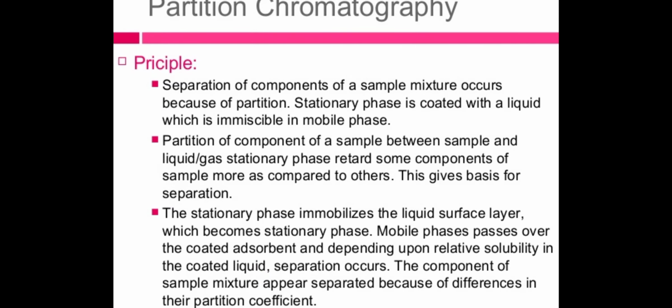This gives the basis for separation. So the difference in solubility initiates the separation. But there is a condition: the stationary phase liquid should not dissolve in or mix with the mobile phase.